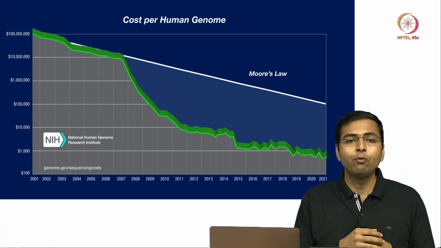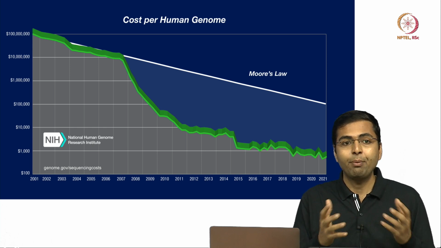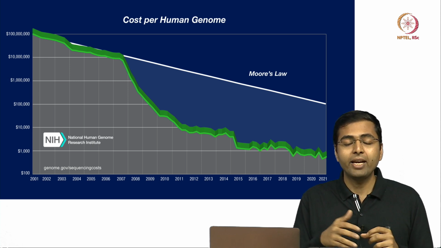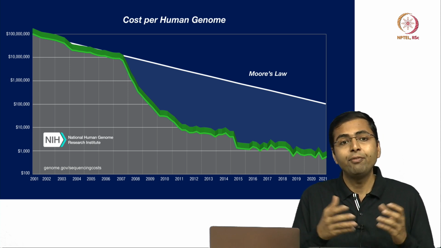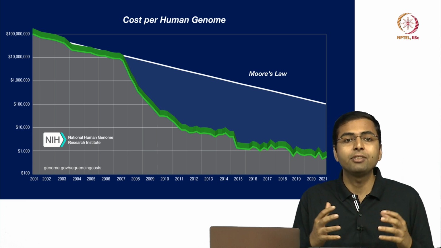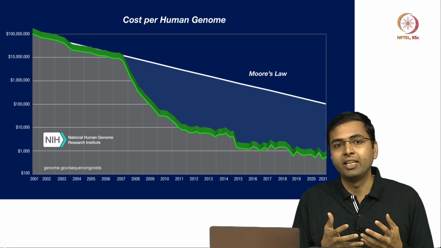In 2001 there would be 1 or 2 central facilities in the whole country capable of sequencing. Now each lab looking at molecular biology would have its own sequencing instrument. Therefore, data generation is happening at massive scale and the size of public databases is growing exponentially.